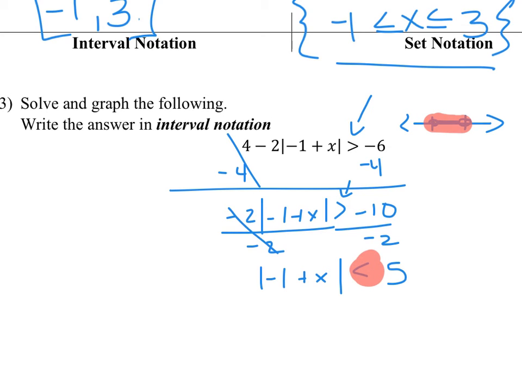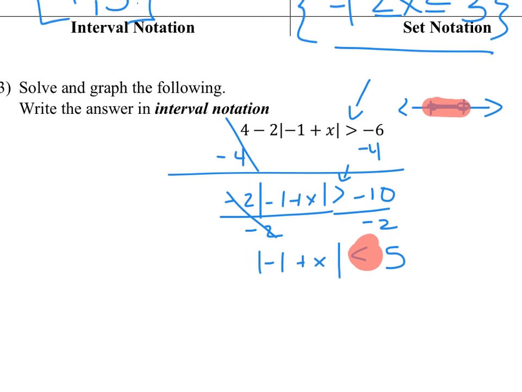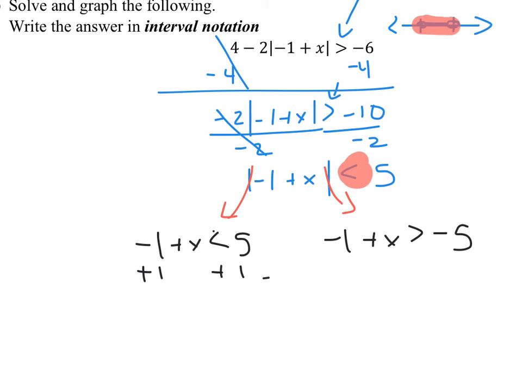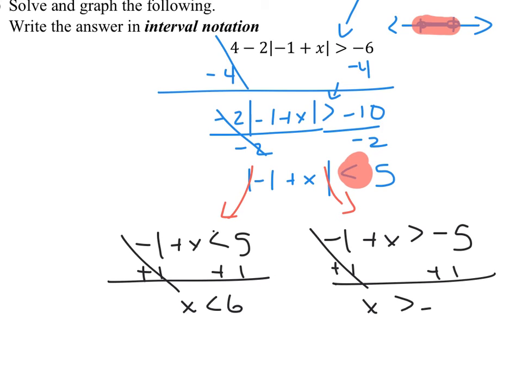So now write your two equations. Negative 1 plus x is less than 5, and negative 1 plus x is greater than negative 5. Add 1. X is less than 6. Add 1. X is greater than negative 4.